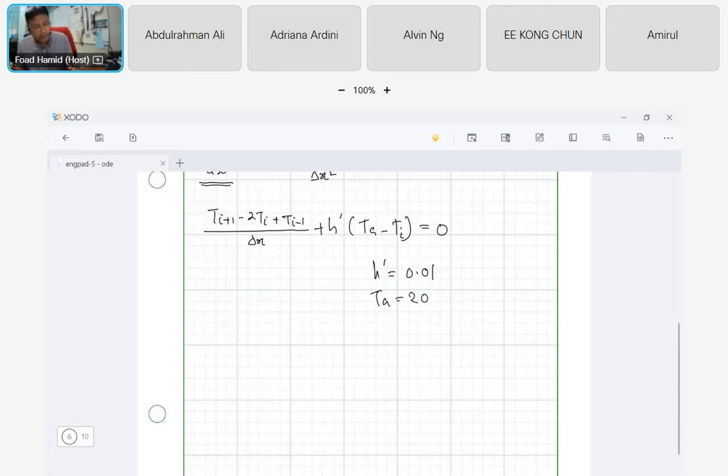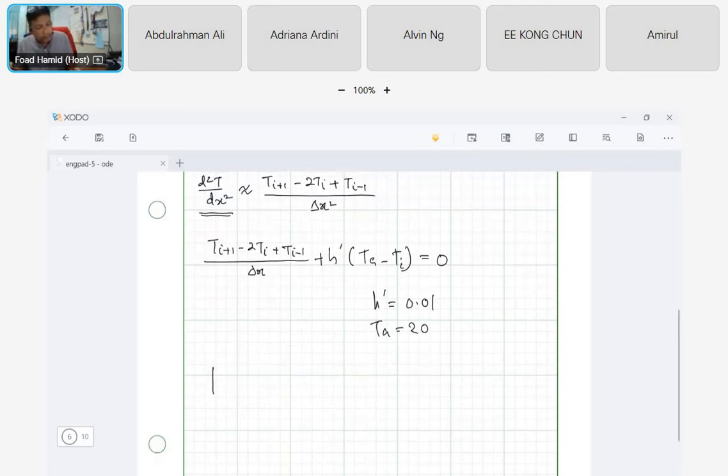So let's go back to my problem here. My temperature here is known. The temperature at location 1 is 40 degrees C, and at location 2 it is 200 degrees.